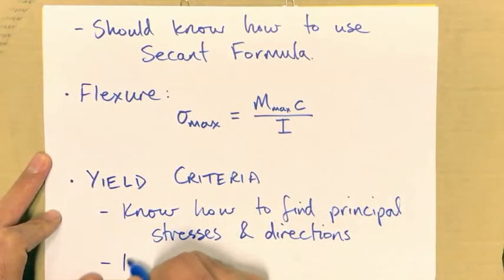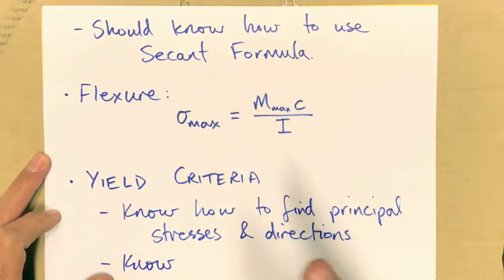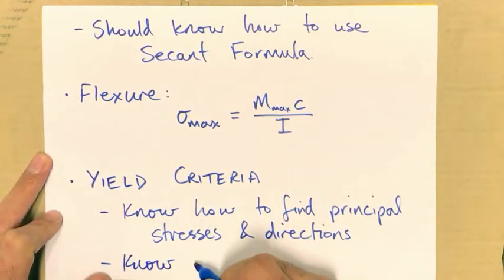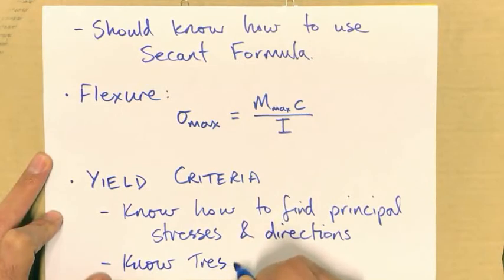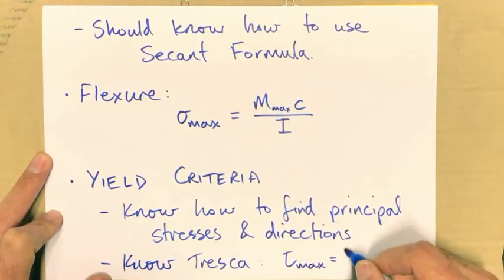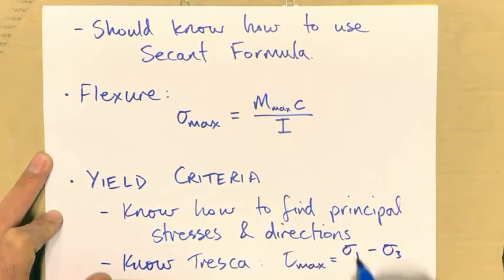Okay, you should know Tresca's formula, the maximum shear stress. You should know that we had three yield criteria. You should know Tresca, the maximum shear stress theory, which said that the maximum shear stress is equal to the maximum principal stress minus the minimum principal stress divided by 2.